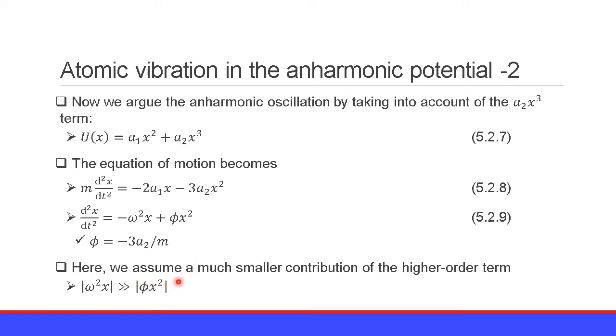Here we assume a much smaller contribution of the higher order term, namely the absolute value of omega squared x is much larger than phi x squared.